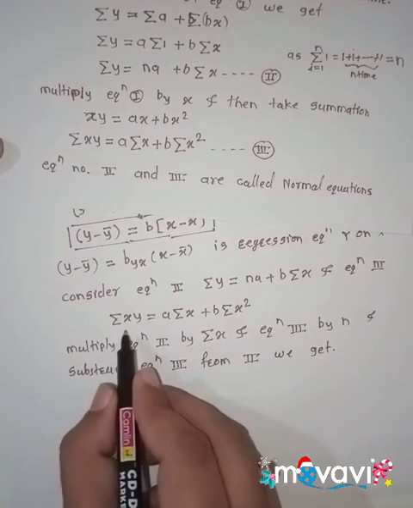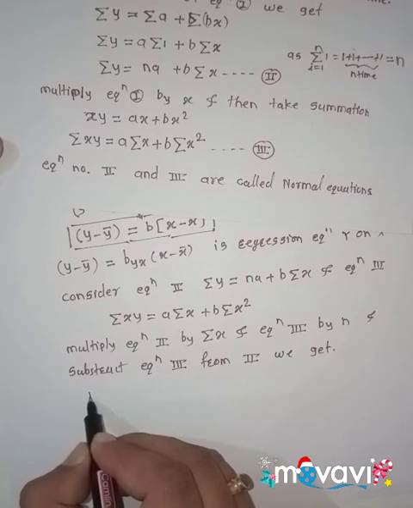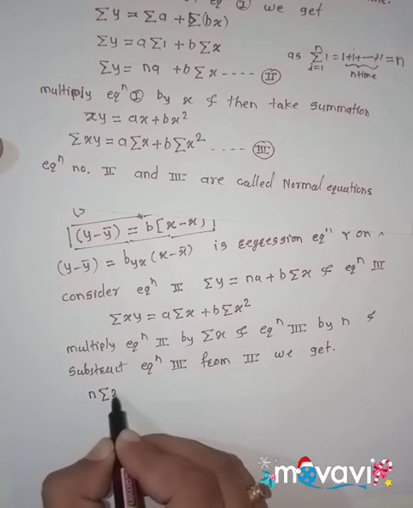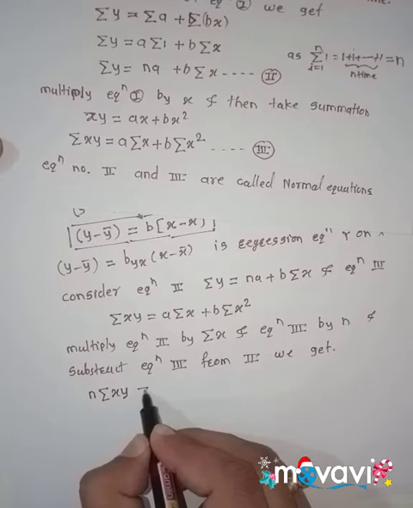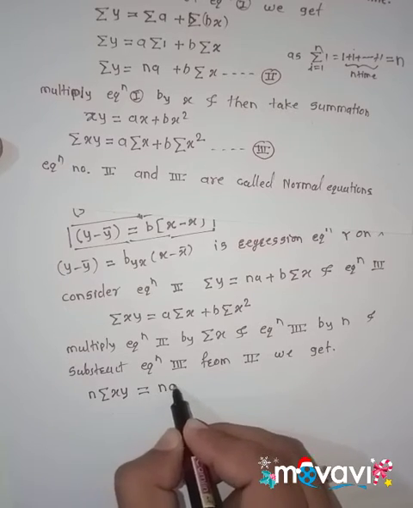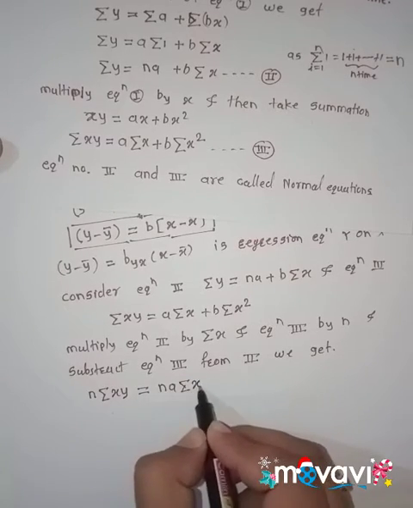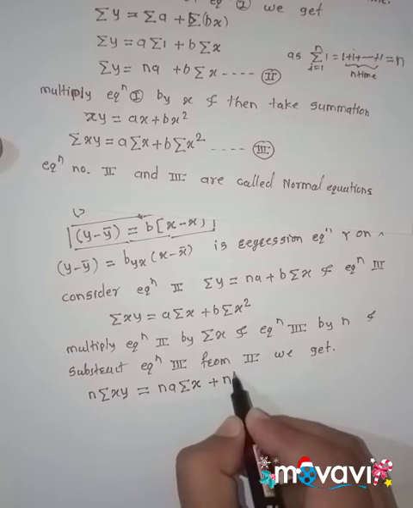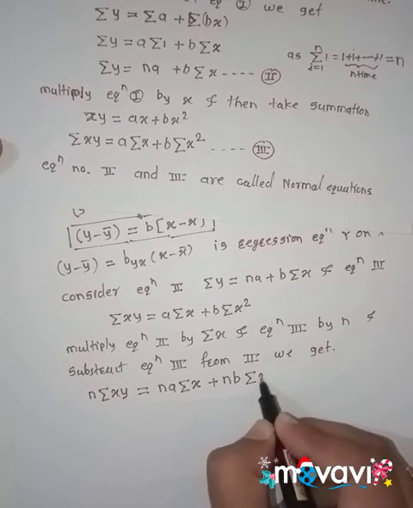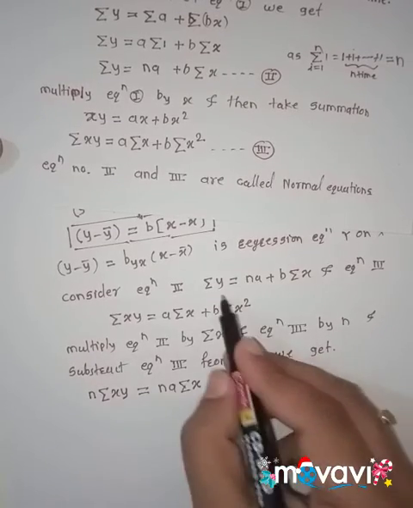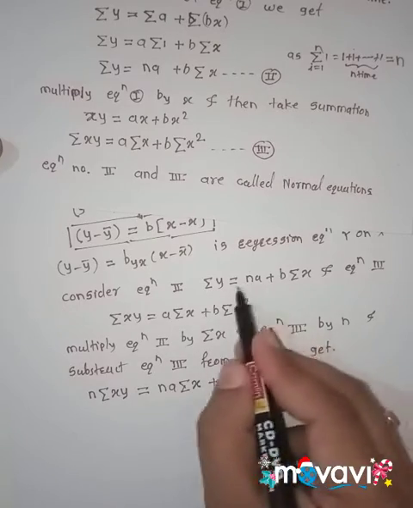If we multiply equation 3 by n, we get n summation xy is equal to na summation x plus nb summation x square. This is our equation number 3.